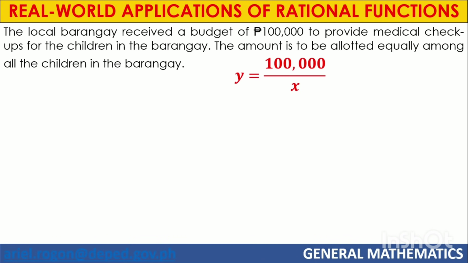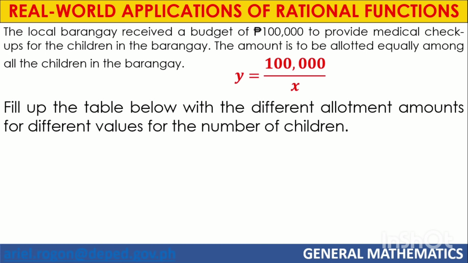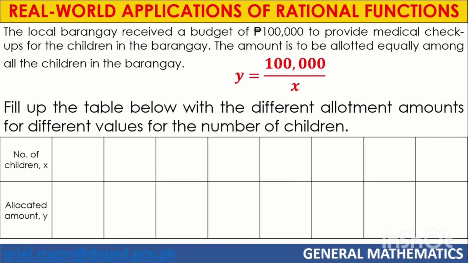So the local barangay received that's the problem and this is the function. Let's try to fill up the table, okay, with the different allotment amounts for different values for the number of children. For example, kung merong 10 bata, ilan yung makukuha nila bawat isa?